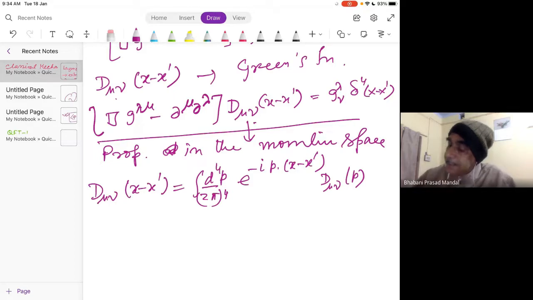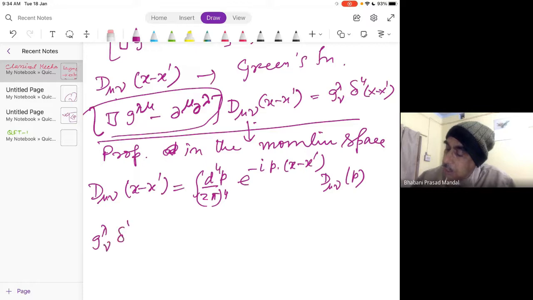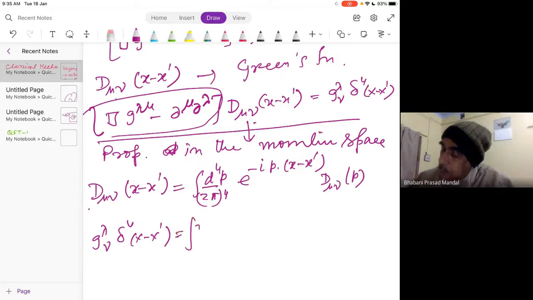But now let us use the definition of the Green's function. So I operate this operator on both sides of this equation. If I operate on the left side, I'll get g lambda nu delta 4 of x minus x prime. And the right side will be the integral d4p over 2 pi to the power 4, and then this operator acting on the exponential.